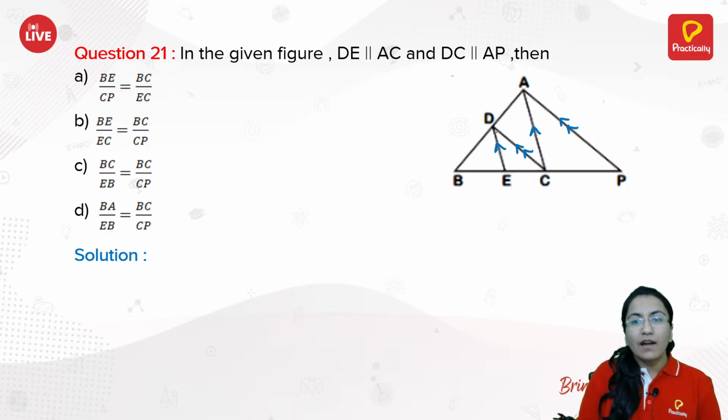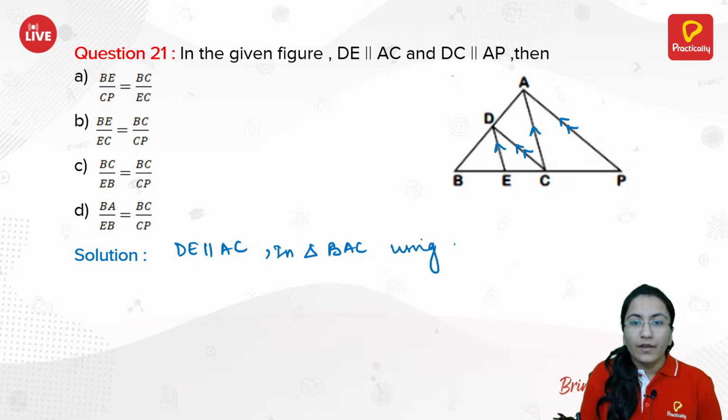If DE is parallel to AC, then in triangle BAC, using the basic proportionality theorem, what condition do we have?